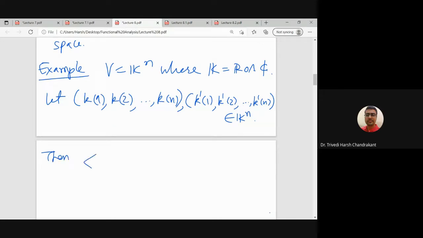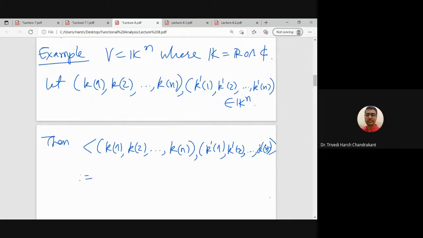Then the inner product between these two vectors we define as k_1 k'_1 conjugate plus so on, the last one being k_n k'_n conjugate.